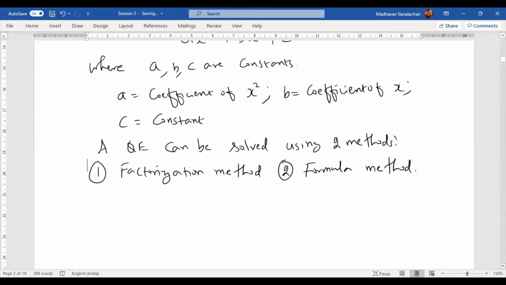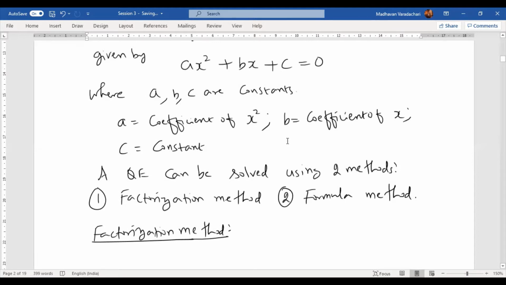Let us understand what is factorization method. In a factorization method, what we try to do is we split this small b, that is coefficient of x, into two.